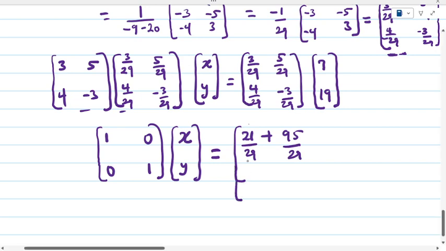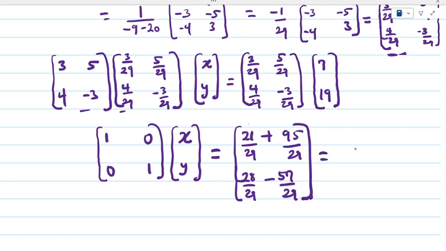The last row times the column: 4 times 7, we have 28 over 29, plus, sorry, minus 3 times 19, that is 57 over 29.